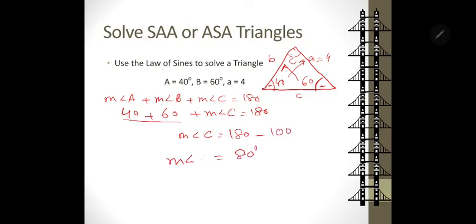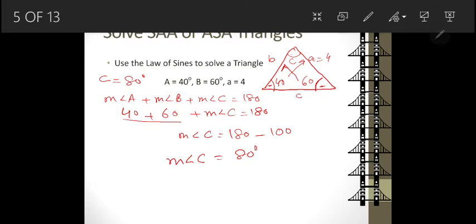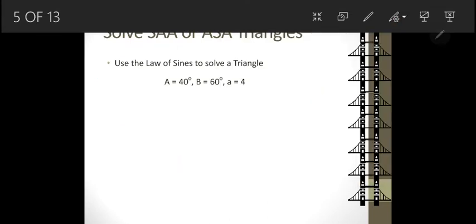So the measurement of angle C is only 80 degrees. So we can now say that C equals 80 degrees. Now we have to find out the two sides.